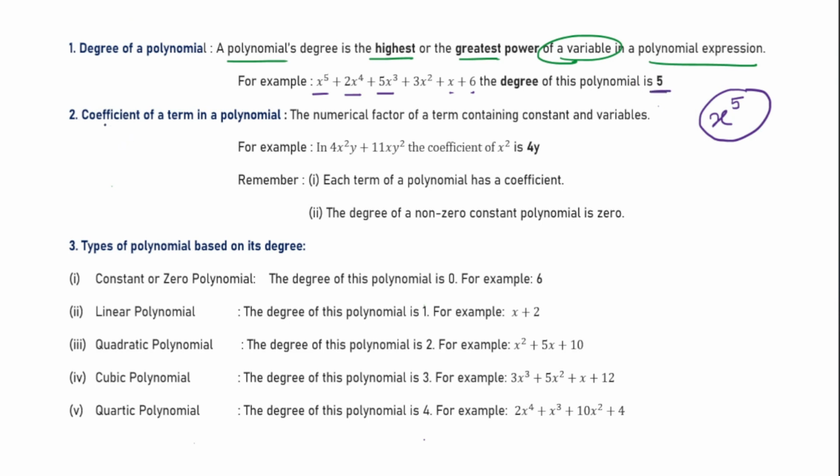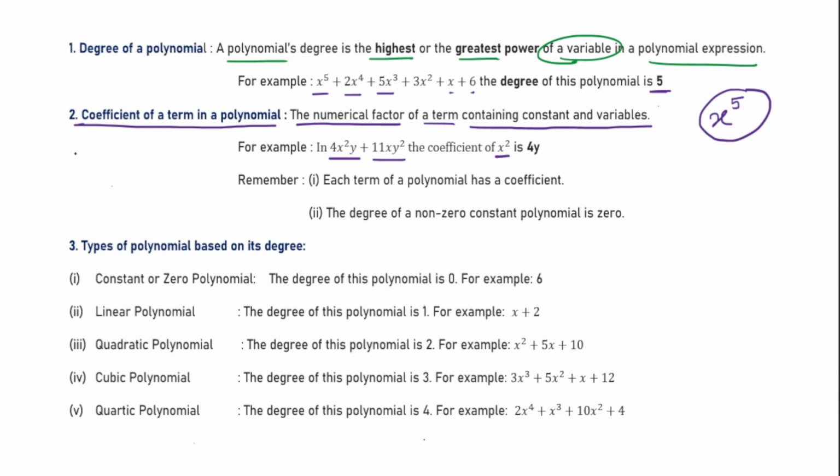Now moving ahead, we have something called as coefficient of a term in a polynomial. So let us first read the definition, which says it is the numerical factor of a term containing constants and variable. It means it is a numerical factor of a polynomial term. So for example, we have 4x square y plus 11xy square, and let us say we are asked to find the coefficient of x square.